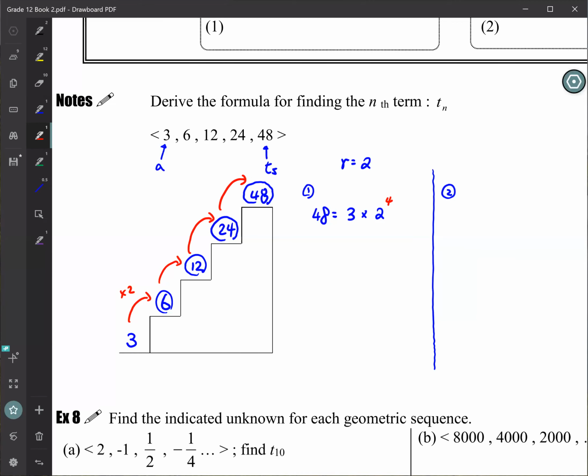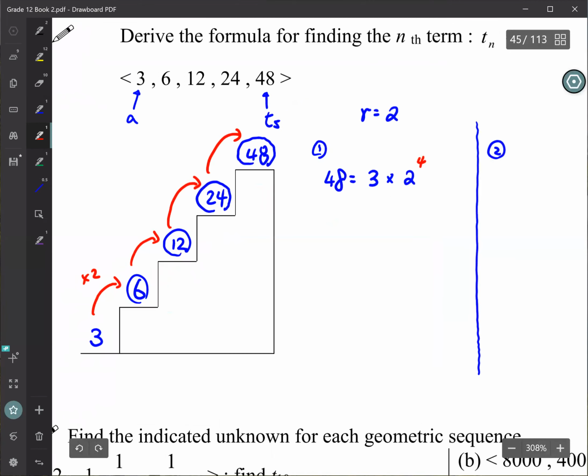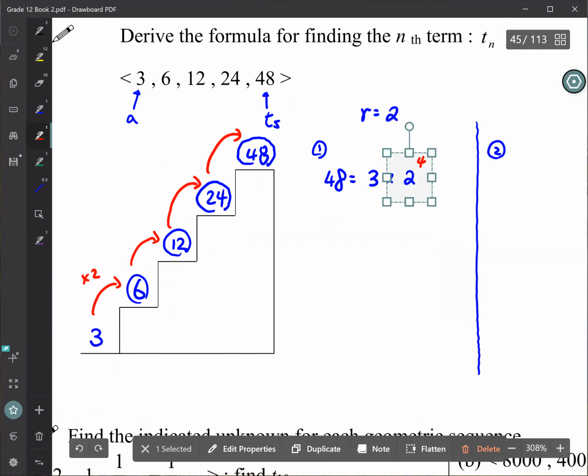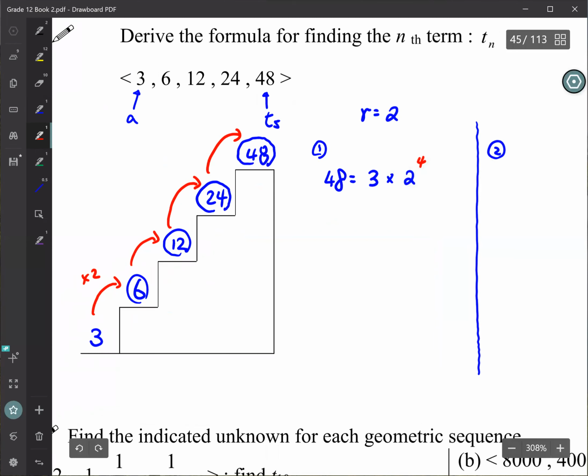You can see that 2 to the 4 is 16, and 16 times 3 will give you 48. So now how do I use this to get the formula? 48 represents T5, and 3 represents the first term, A, times 2, which is the ratio. And 4 is the space between the 5 terms, the number of arrows there are.